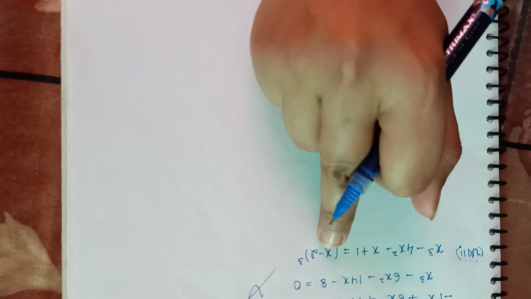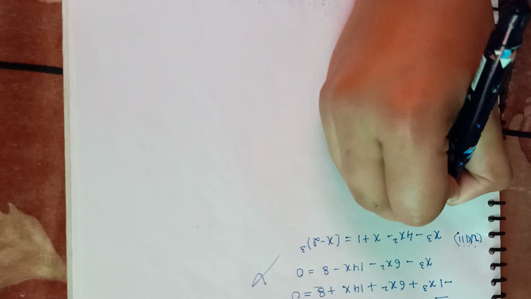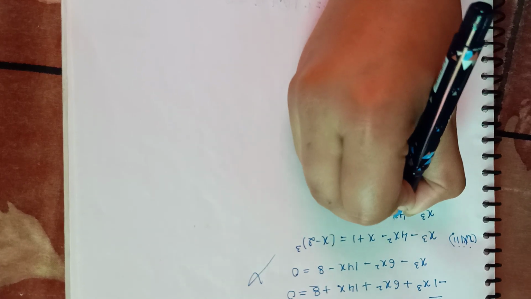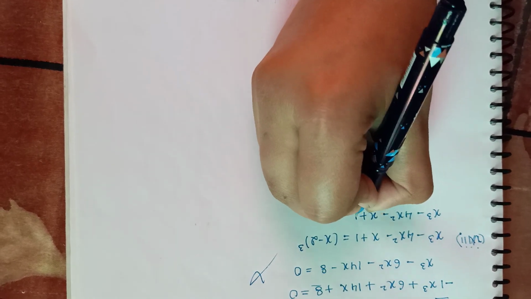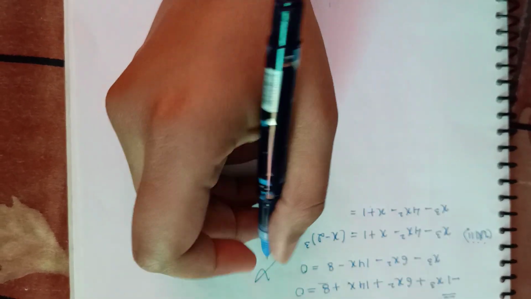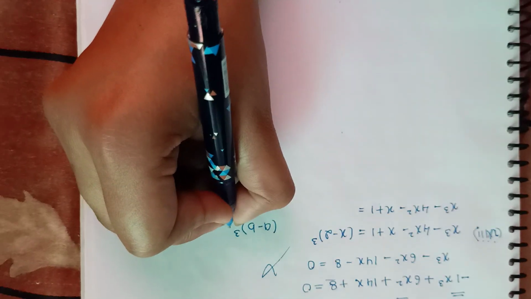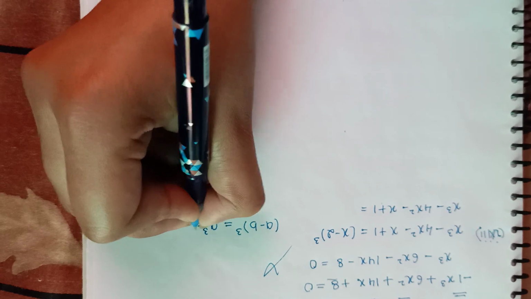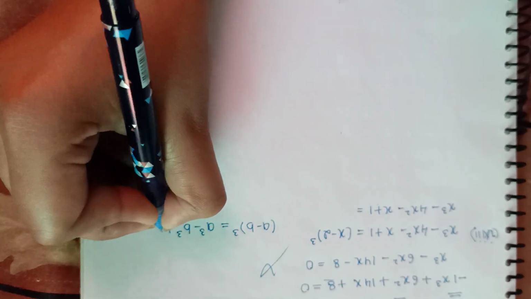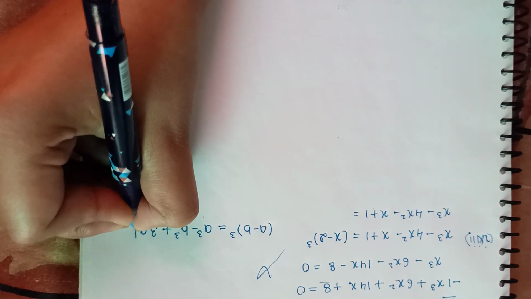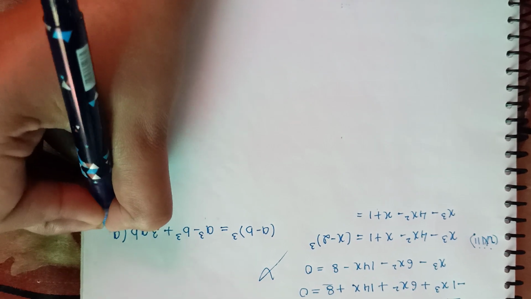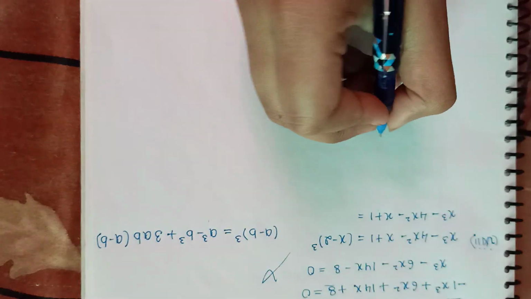Here, firstly we are going to open this bracket, and I'm just copying the left hand side numbers as it is. We are going to open this bracket by the help of the formula, that is a minus b whole cube, which is equals to a cube minus b cube plus 3ab into a minus b.